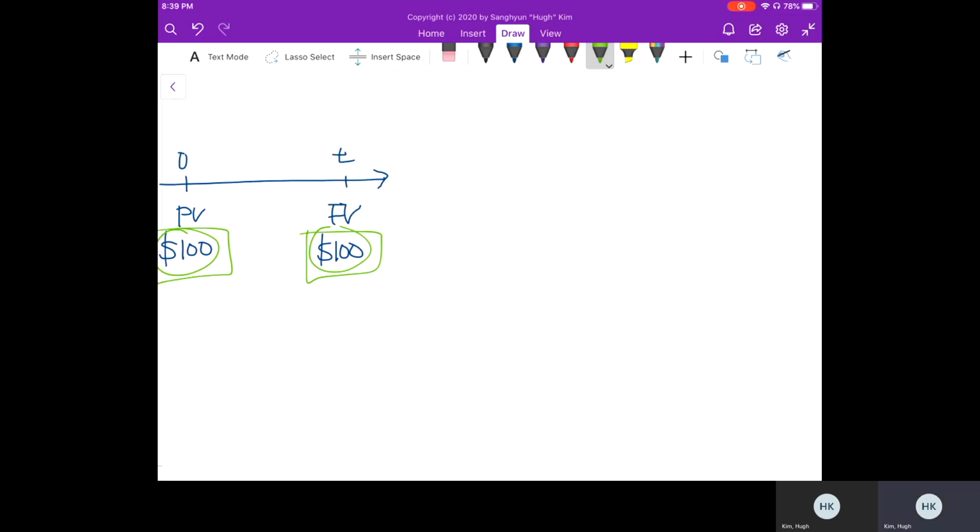Currencies used in different countries. So let's say you have 100 US dollars. This is the US dollars. And you also have 100 Canadian dollars, also 100 Australian dollars. And they're not the same dollars, but they are different currencies.